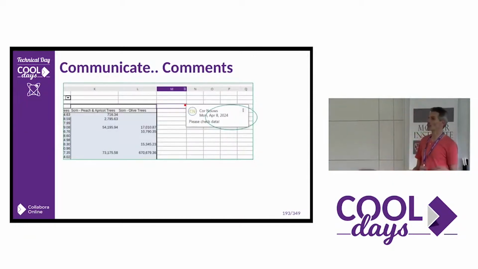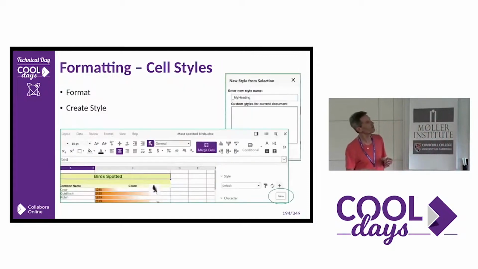Then communication, comments, we already know them. Formatting of cell styles. Yeah, I love styles. It allows you to do beautiful formatting in a consistent way. And luckily, cell styles are available in Calc Online.